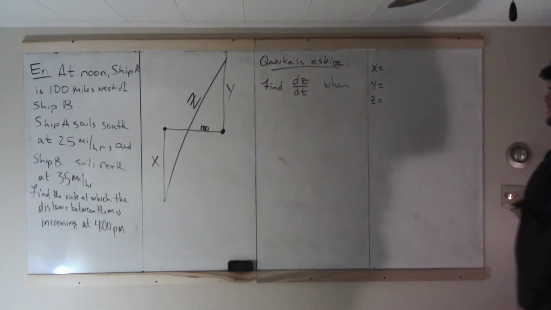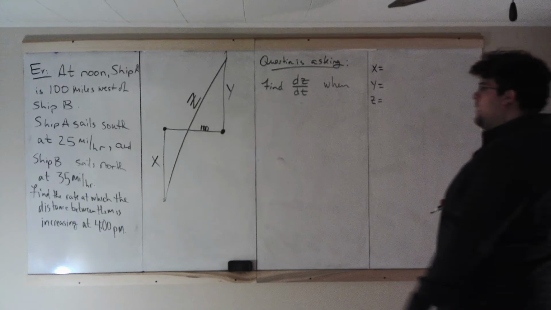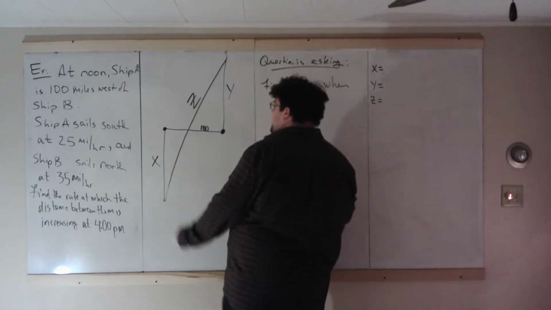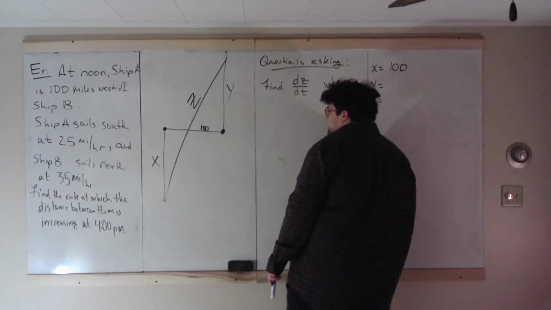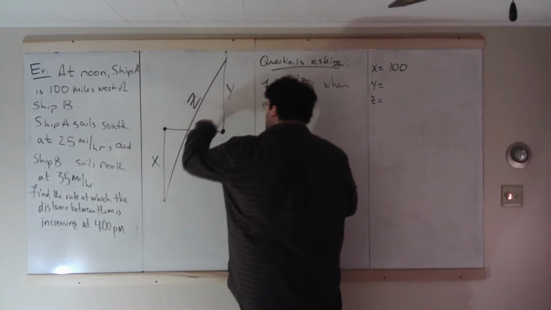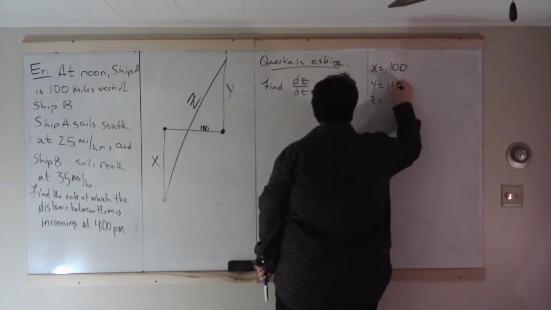What happens at 4 p.m.? Well, ship A sails south at 25 miles per hour at noon. 4 p.m. is 4 hours later. So 25 miles per hour, 4 hours, give us 100. Ship B sails north 35 miles per hour. 35 miles per hour, 4 hours, 140.